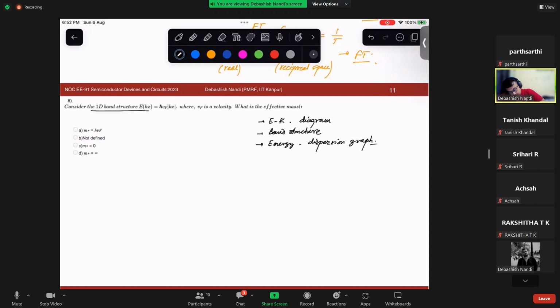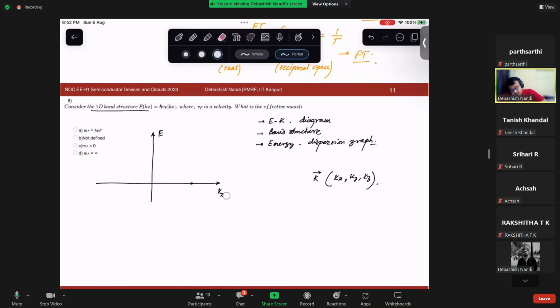So there I have been given this kind of function. This is E, let's say this is K. By the way, this K axis is a vector. K is a vector of Kx, Ky and Kz. So any point here, if I just simply write K, means that this is in 3 dimensions.